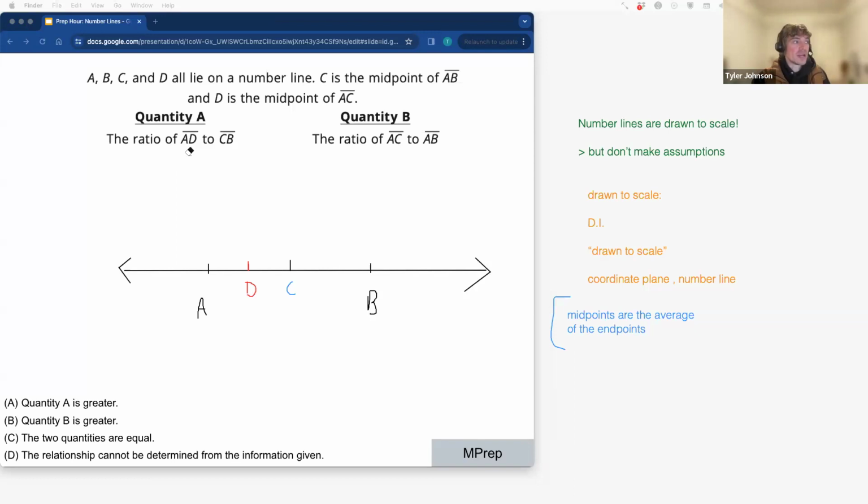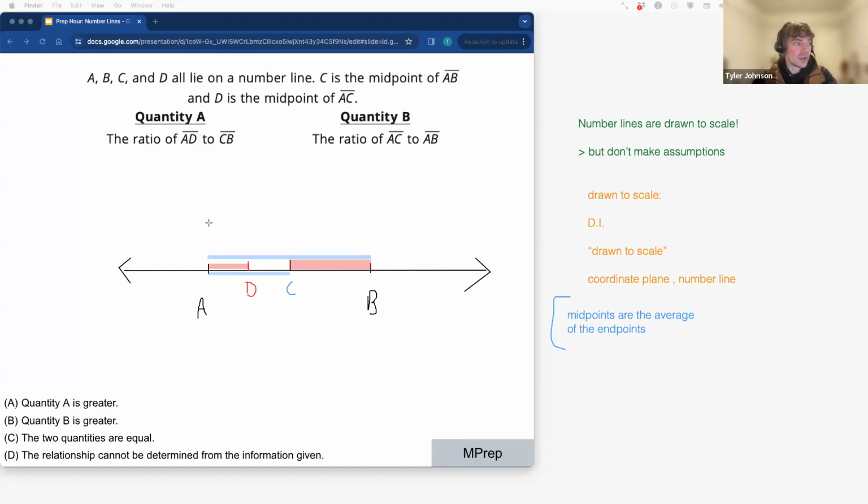And I'm trying to figure out the ratio of AD, so maybe that red line right there to CB, to that red line right there, versus the ratio of AC to AB. And just visually, you might be able to work out the answer.